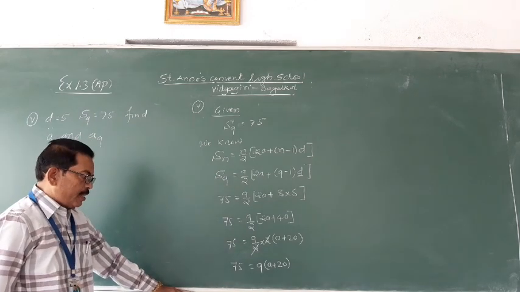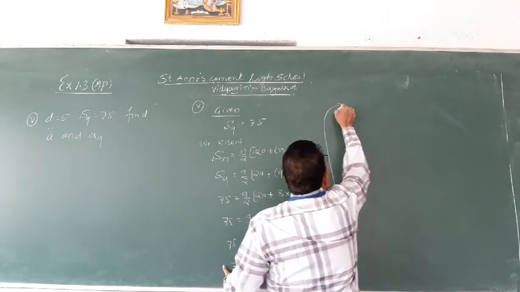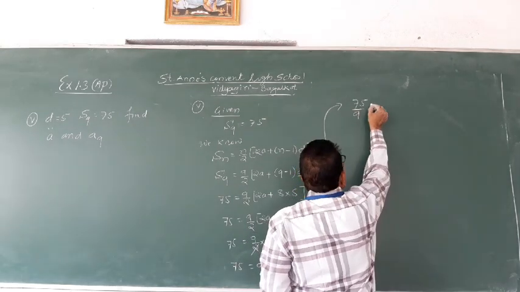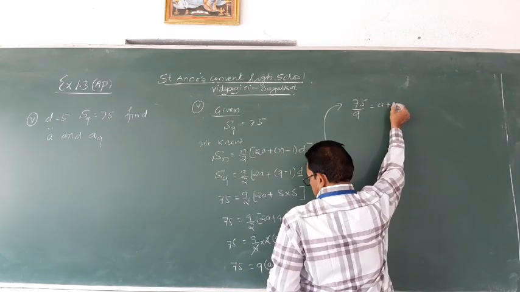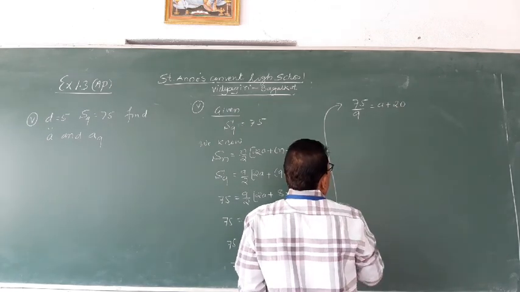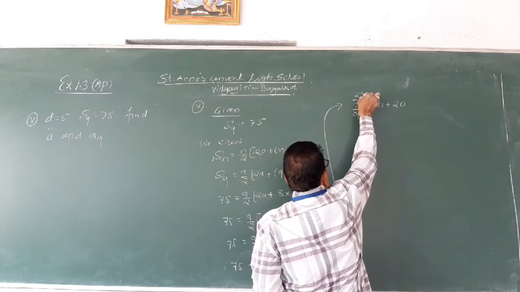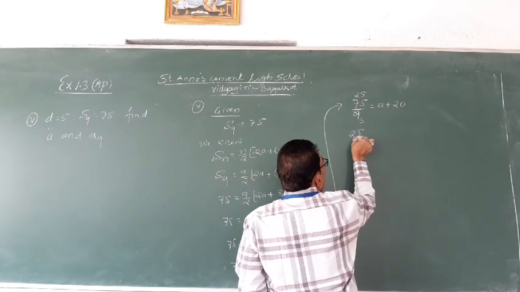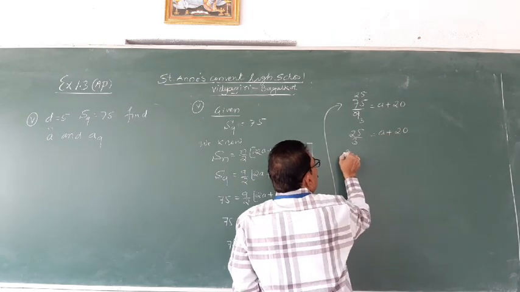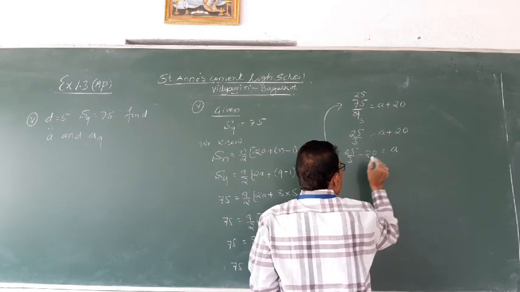Then 75 by 9 equals a plus 20, that is 25 by 3 equals a plus 20. 25 by 3 minus 20 equals a.